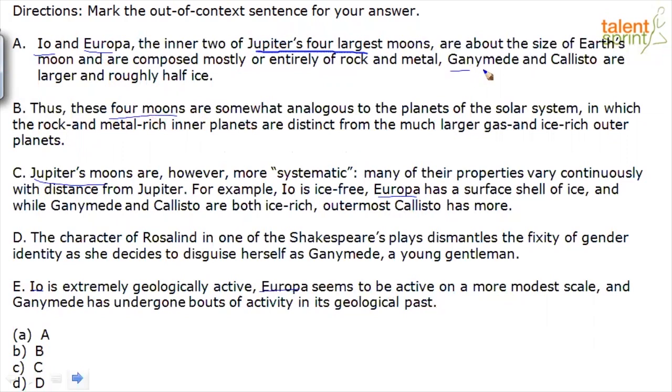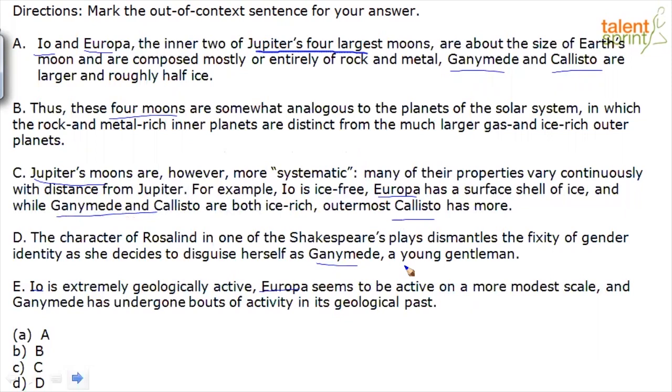And then I have Ganymede, Callisto repeated here again, and Ganymede and Callisto repeated here again. So I have these repeat words and phrases. In fact, I have Ganymede here as well in D, right? Now we need to figure out if it all follows the same sequence or not, right?